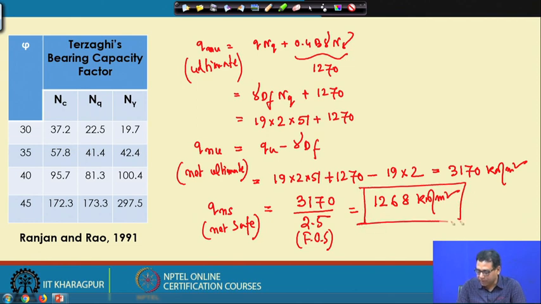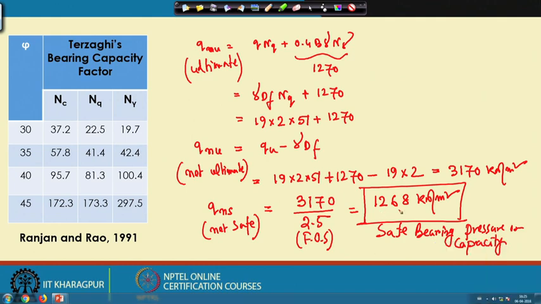So, if I apply the bearing capacity criteria, my safe bearing pressure or capacity is 1268 kilonewton per meter square. So, it is in terms of bearing criteria.